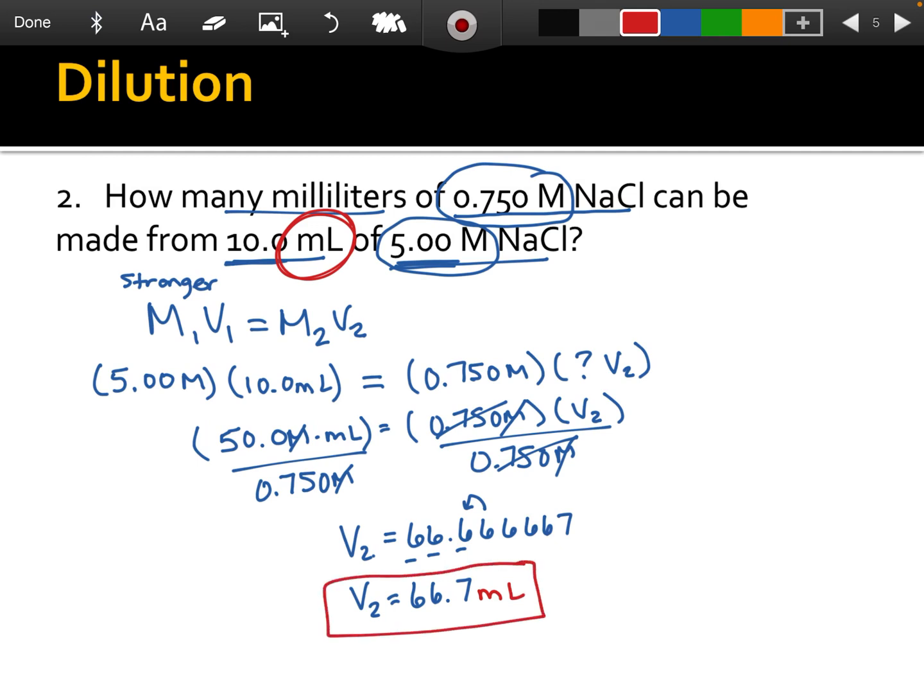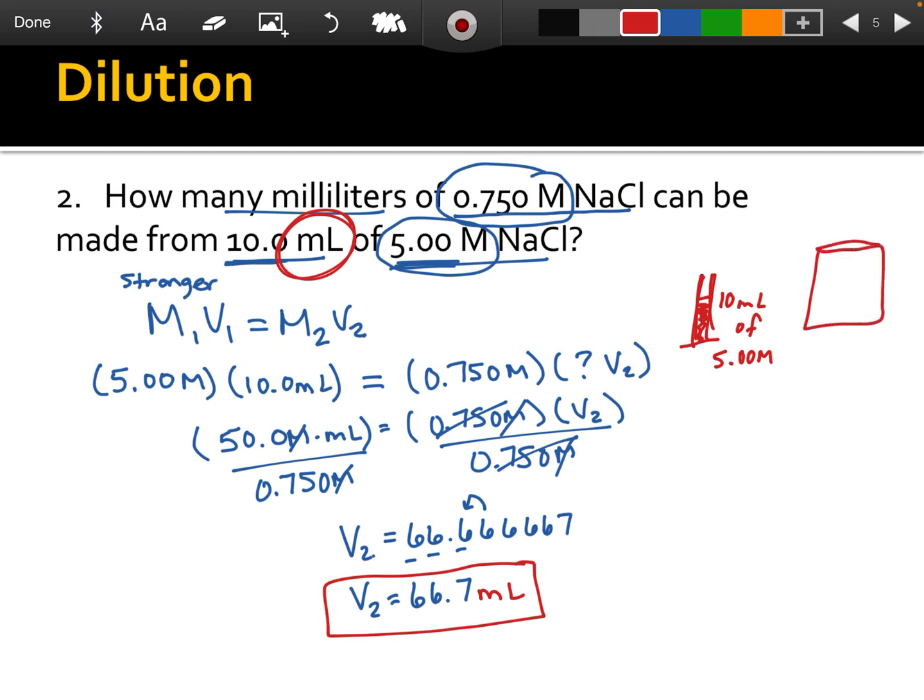So again, as long as those units match up, then we'll be good to go. So for this solution, basically you're starting out with 10 milliliters of your stock solution, which is the 5 molar solution, so that stronger solution.